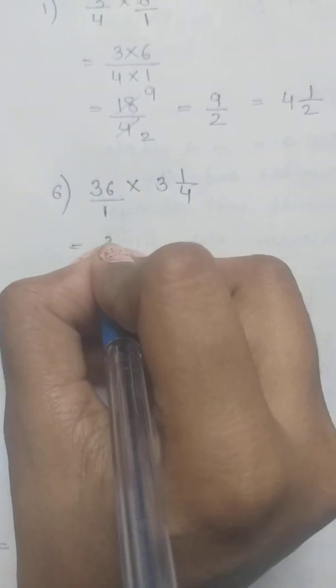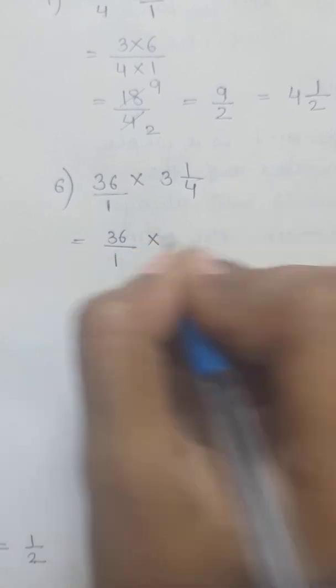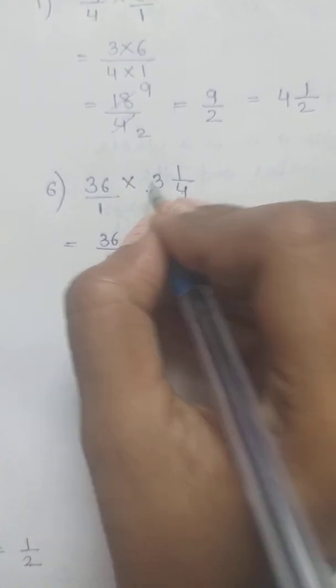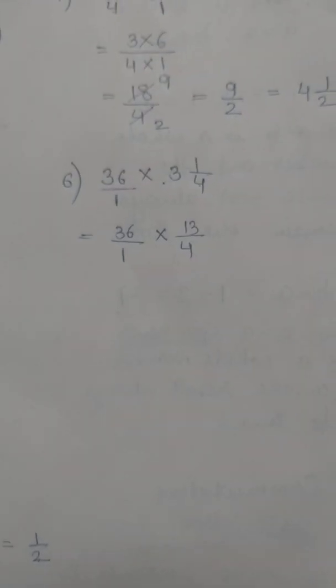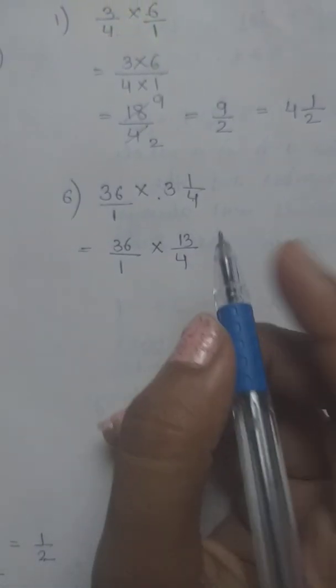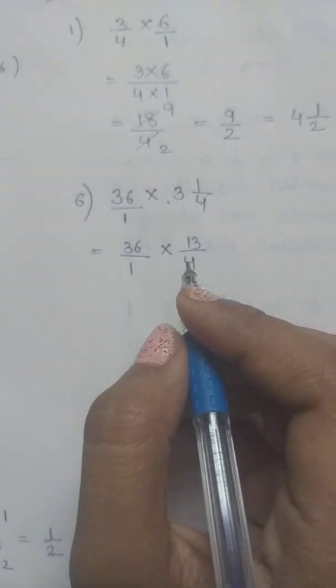So I'll write 36 by 1 multiply by 3 4s are 12, 12 plus 1, 13 by 4. So now multiply numerator to numerator and denominator to denominator.